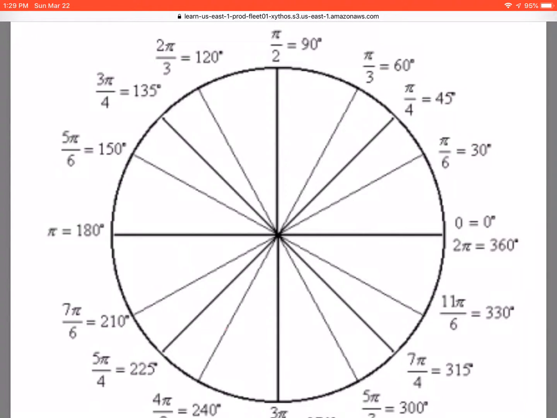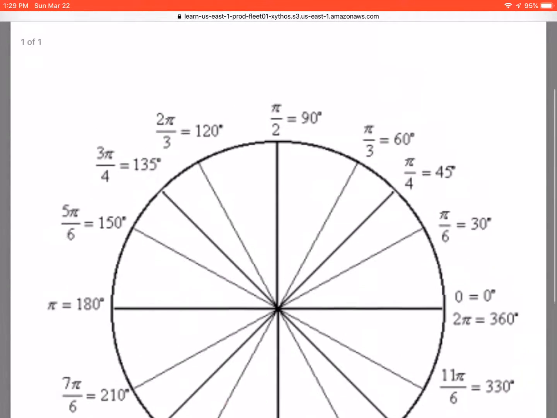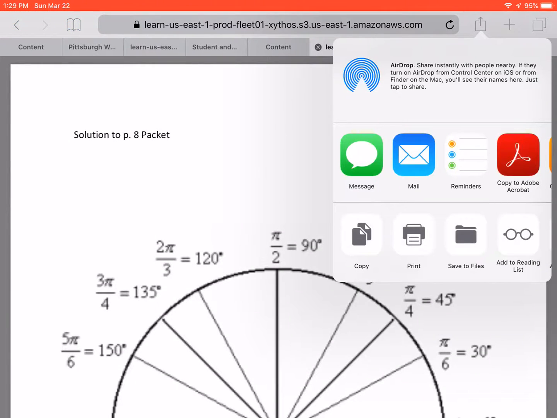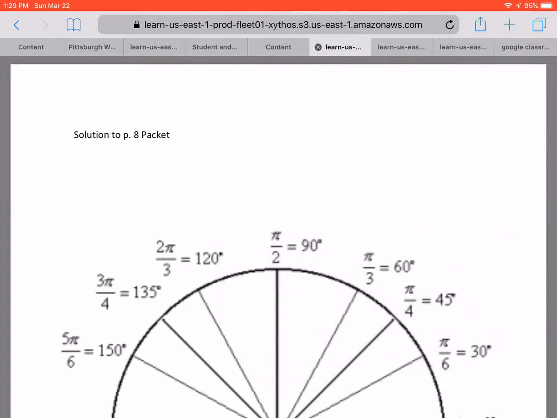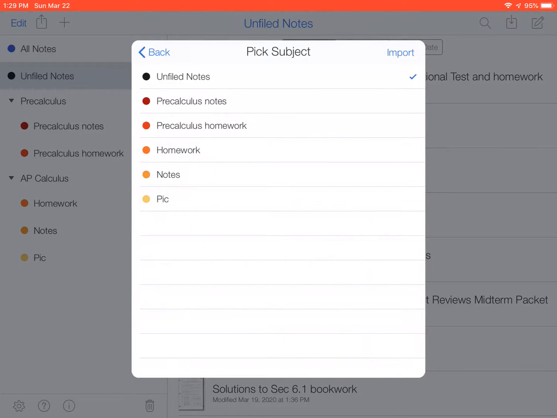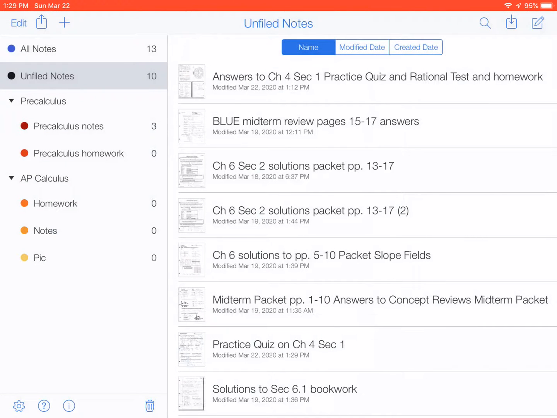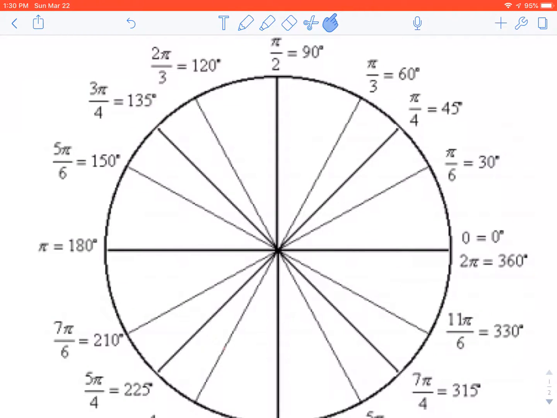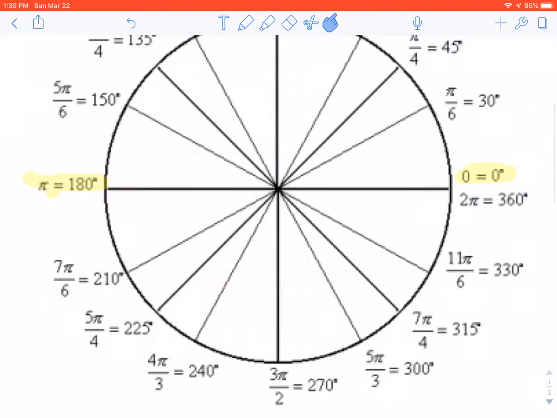What I do when I am using this is I go through and probably put all of the quadrant angles in first. That's probably the easiest thing to do. So this would be the 0, the 90, pi over 2, 180, and then 270.